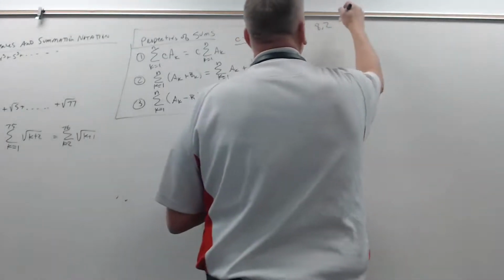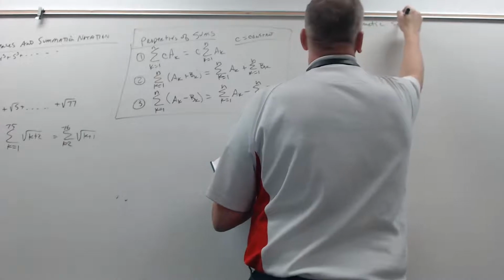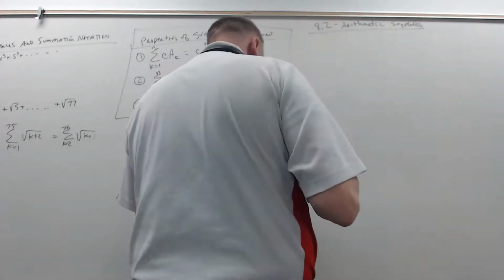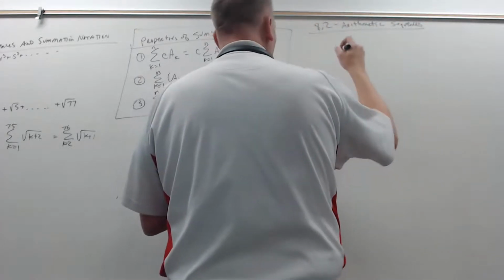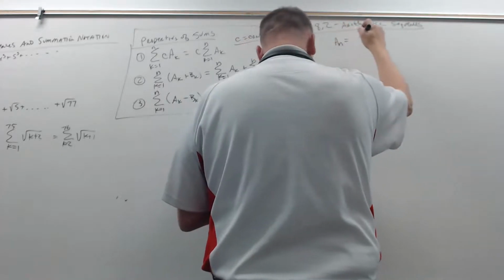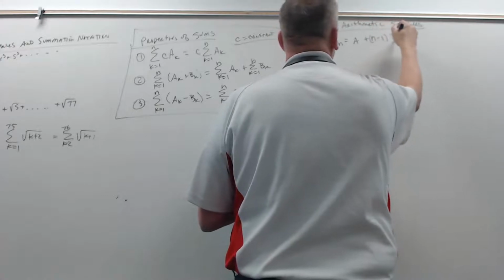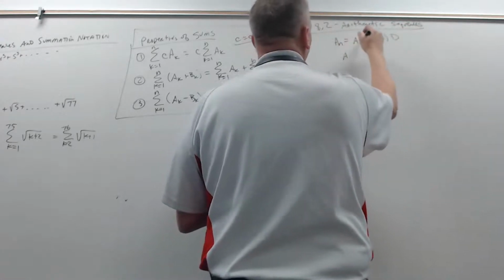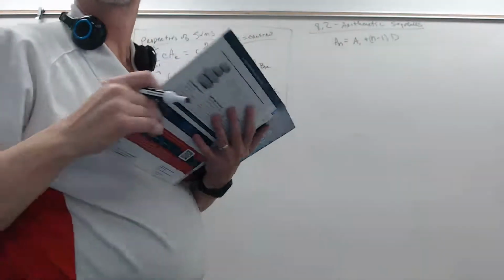Okay, so 8.2, we're going to talk about arithmetic sequences. They are given by the definition a sub n equals a plus n minus 1 times d. In fact, I'm going to put a sub 1, because the book has a, but usually most other books put a sub 1.